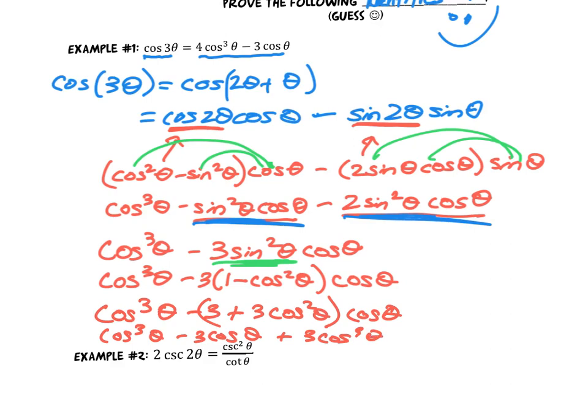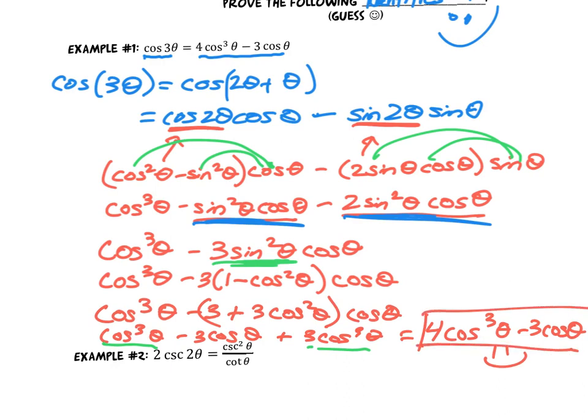And then notice that cosine cubed theta and cosine cubed theta are like terms. So then finally I have 4 of those. 4 cosine cubed theta minus 3 cosine theta. Yes, we got it.